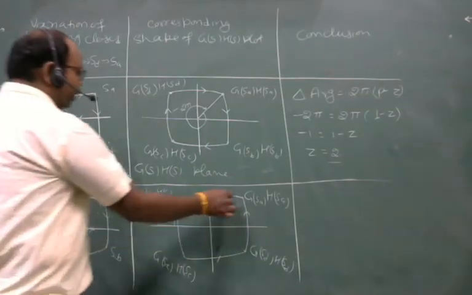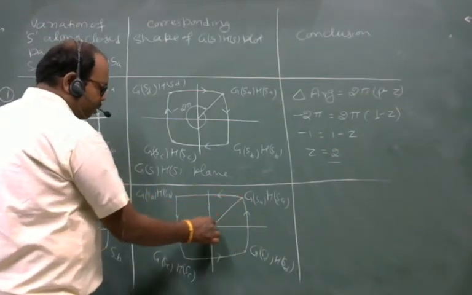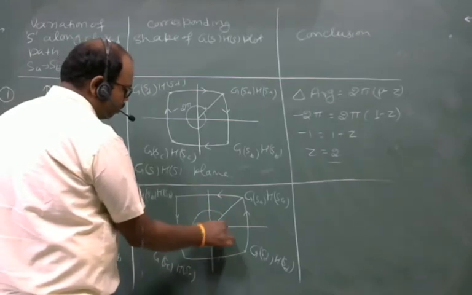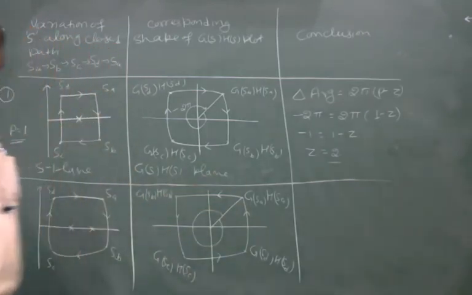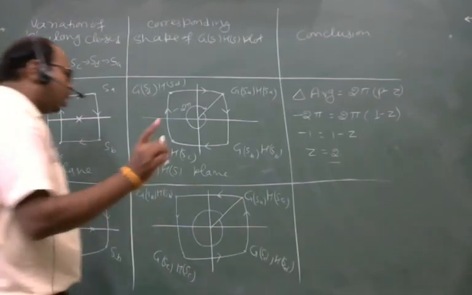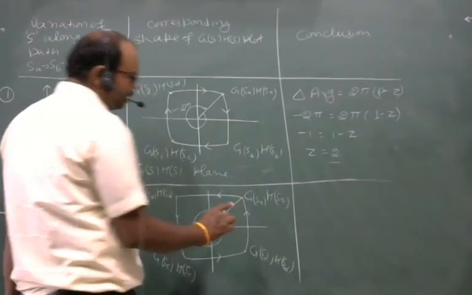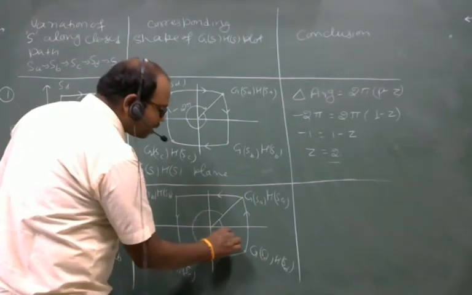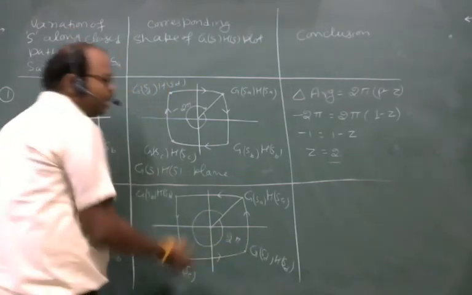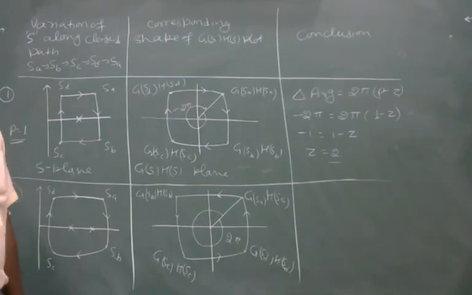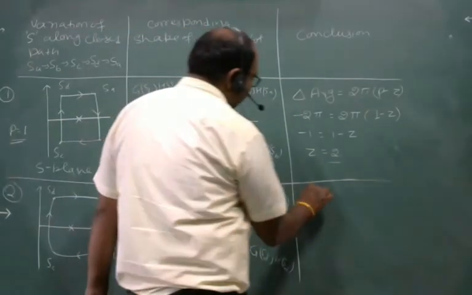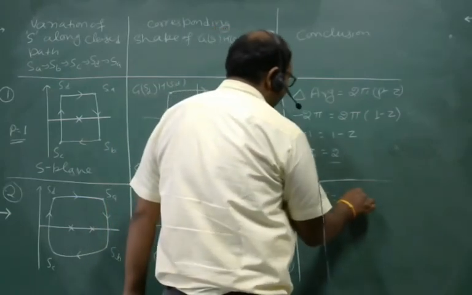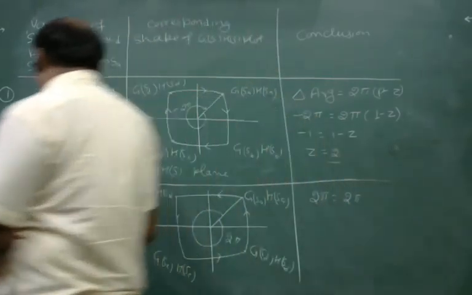Now again, this vector rotates one time, means the number of encirclements is 1, but the change in argument is plus 2 pi, because it is in the anti-clockwise direction, so this will be 2 pi. What is the number of poles?